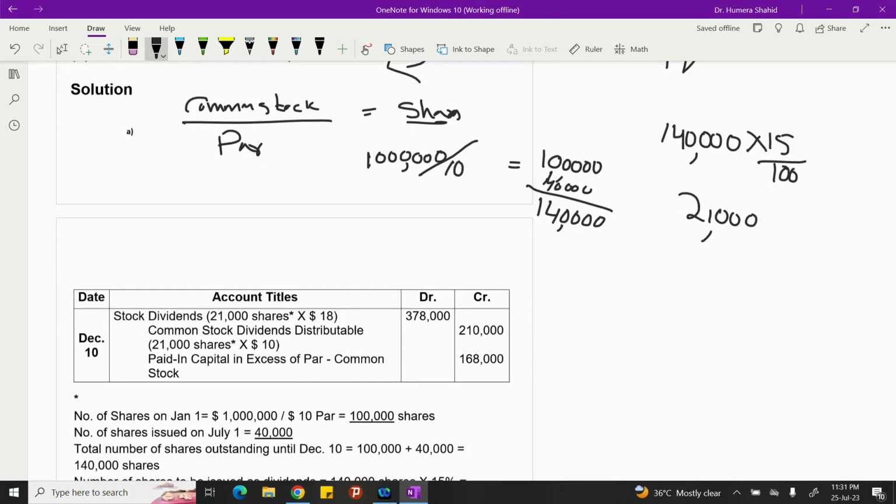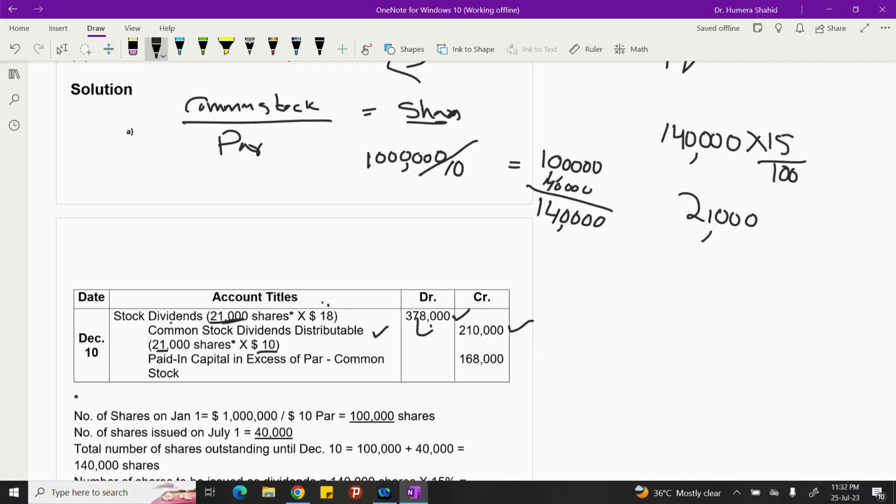So let's record our journal entry. Stock dividend gets debited 21,000 shares multiplied by market value, because it's a small stock dividend, that's 18. So we will get 378,000. It's the declaration date. So common stock dividend distributable gets credit, 21,000 shares, par value is 10, so 210,000.